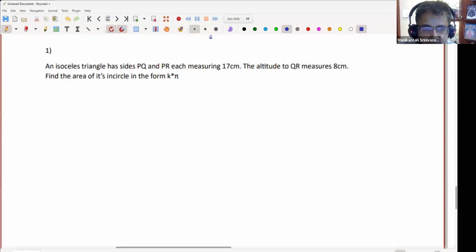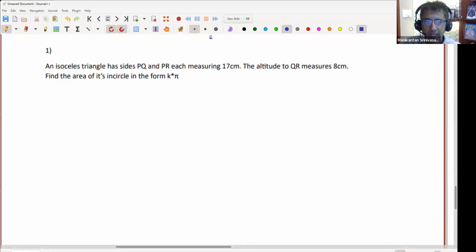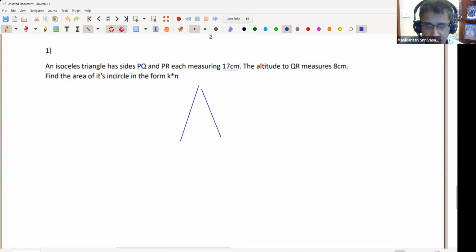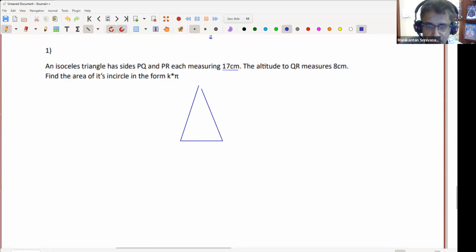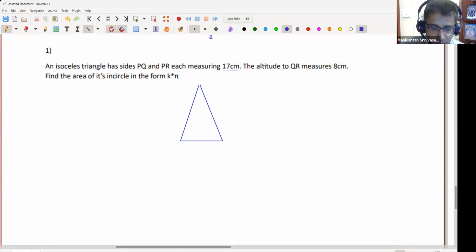Okay, so this one says isosceles triangle has PQ and PR, each measuring 17 centimeters. Those are the two equal sides. The altitude to QR. So let's draw a diagram. So let's say this is PQ. This is PR. Altitude is 8, right?